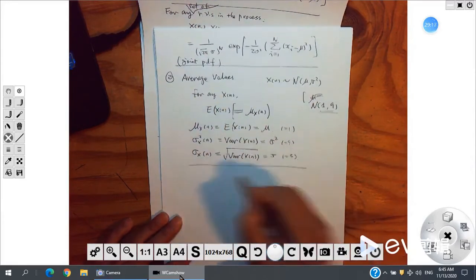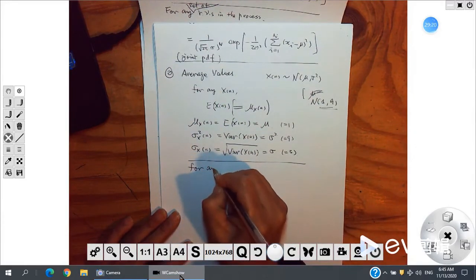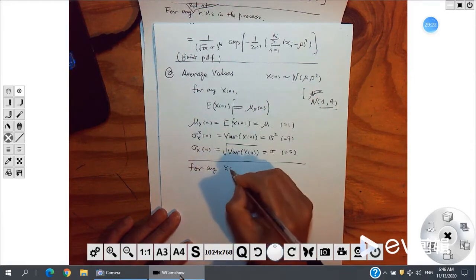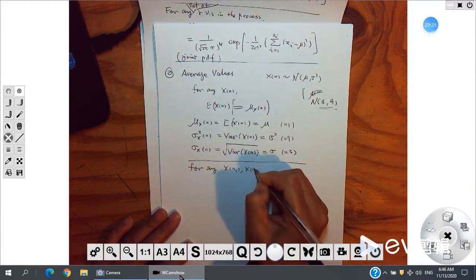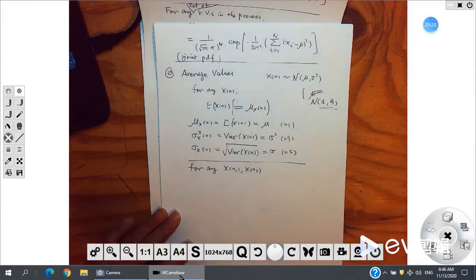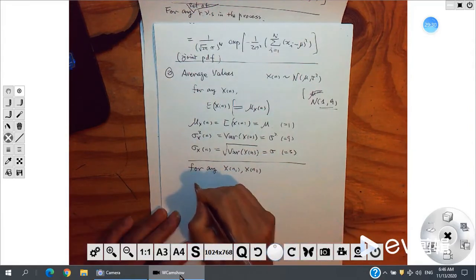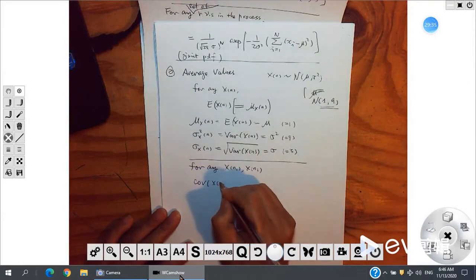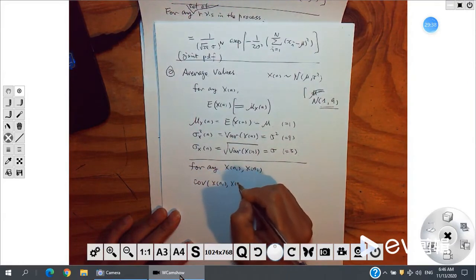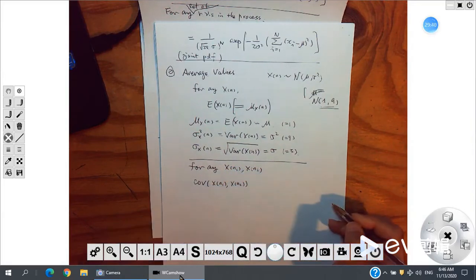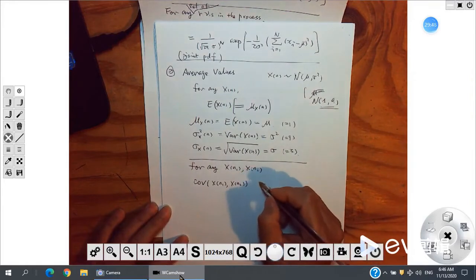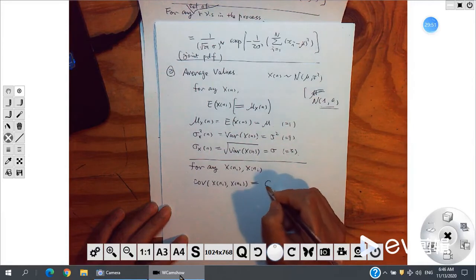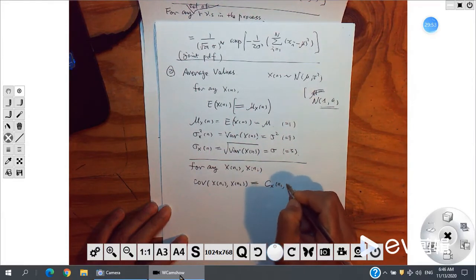Then for any pair, for any x of n1 and x of n2, for any pair of random variables, we have the covariance of x of n1, x of n2. Oh, the notation. If you read different literature, different books, this will be denoted as C x of n1 and n2.